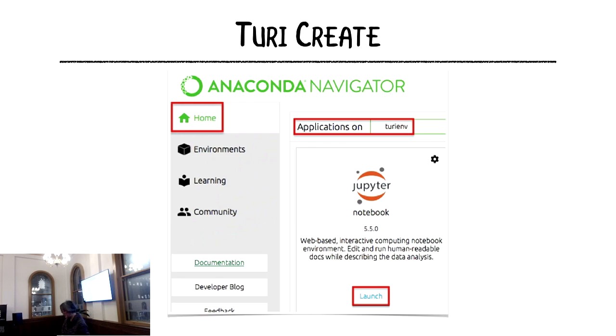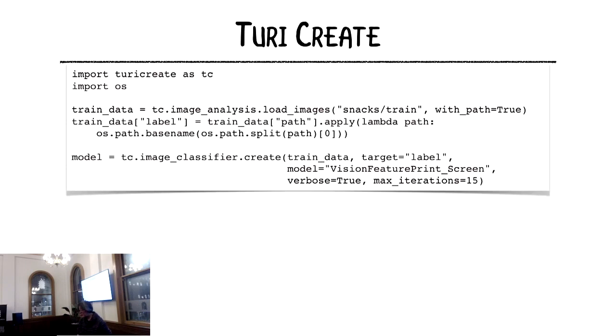Some people have been using Turi Create. Turi Create is a little more manual, but not much more than the text classifier in CreateML. So for the image classifier, you have to do some path wrangling to get the class labels from the subfolder names. And then you can train with the same base model as CreateML, but you would have to be on Mojave and you would have to pip install Turi Create v5b3.